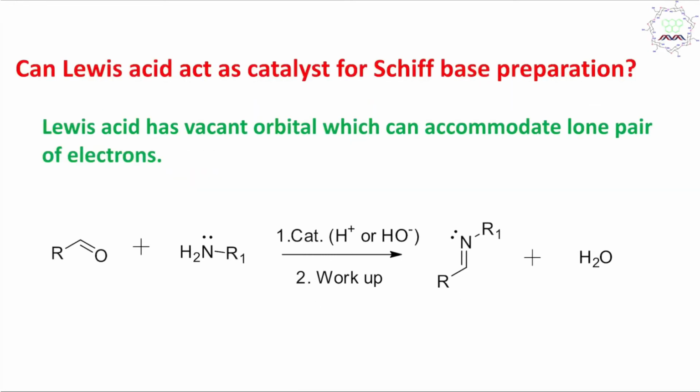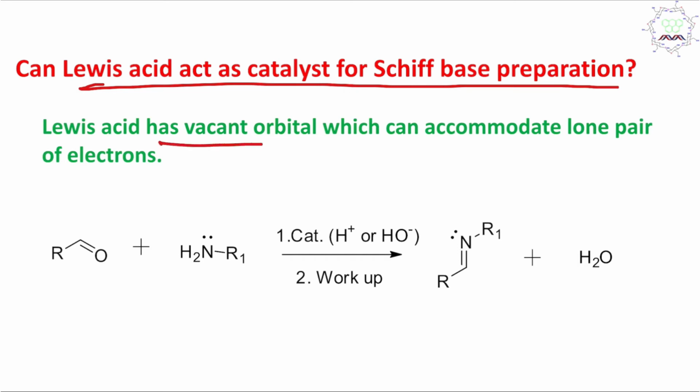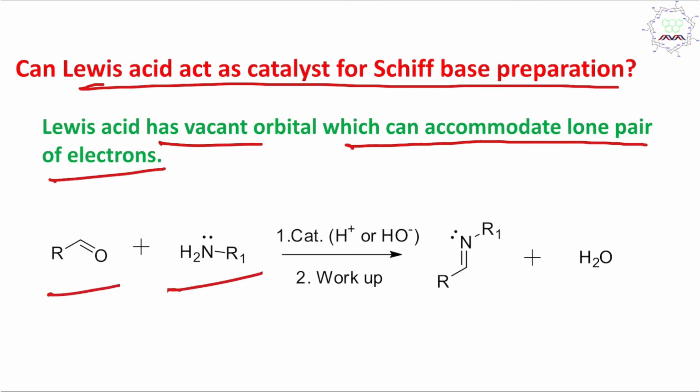Now, an important question comes: can a Lewis acid act as a catalyst for Schiff base preparation? Actually, yes, because a Lewis acid has a vacant orbital which can accommodate a lone pair of electrons. Now, if you look at these two, this is aldehyde and this is amine, both have lone pairs of electrons. So, question: if you take a Lewis acid, which can coordinate to the Lewis acid efficiently?